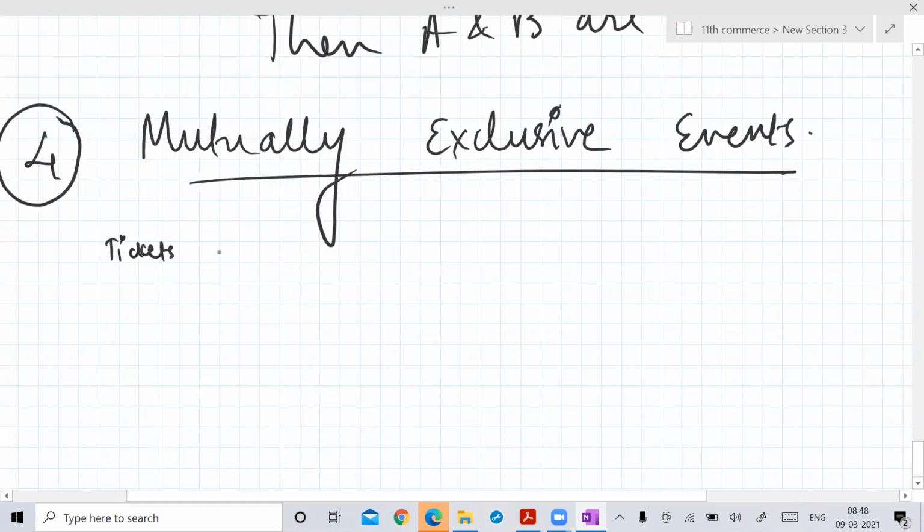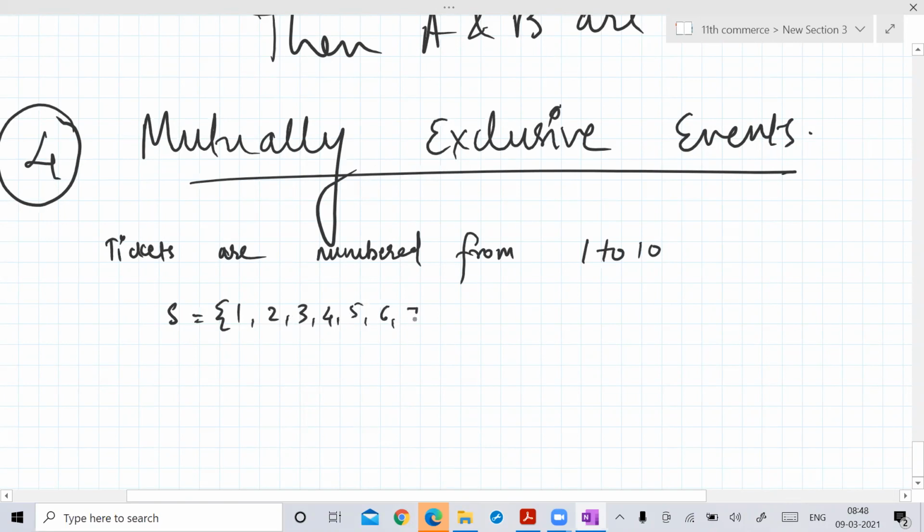Tickets are numbered from 1 to 10. What is the sample space? 1, 2, 3, 4, 5, 6, 7, 8, 9, and 10. Okay.